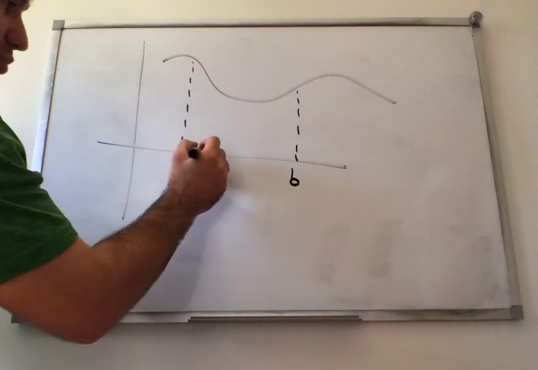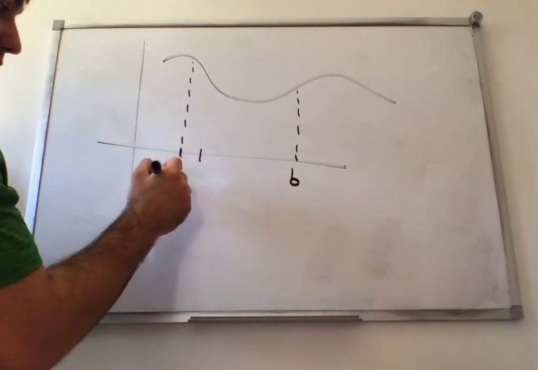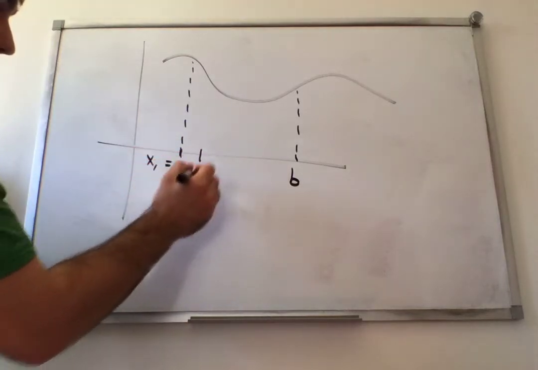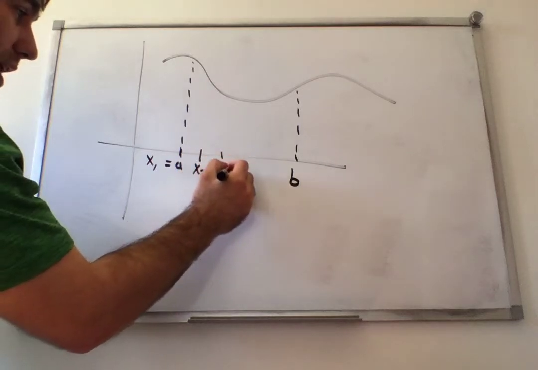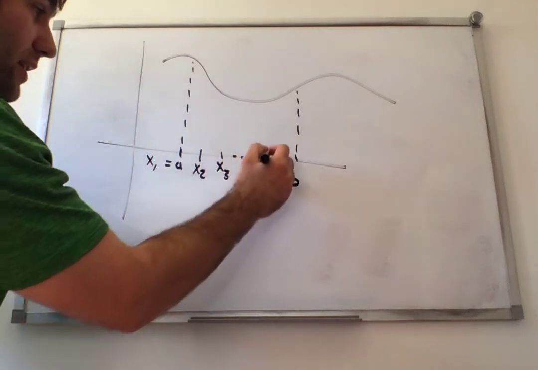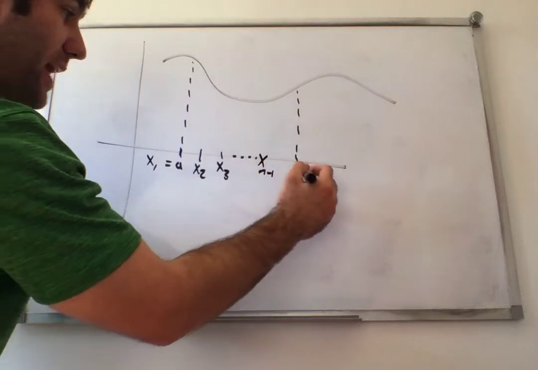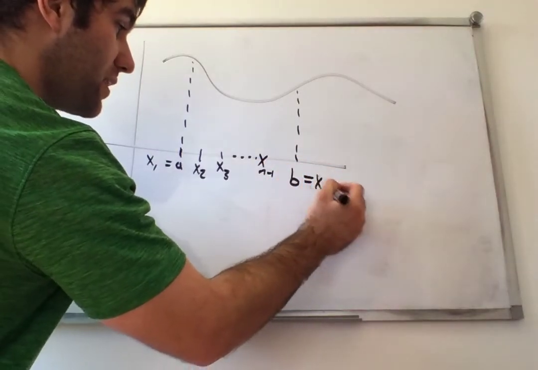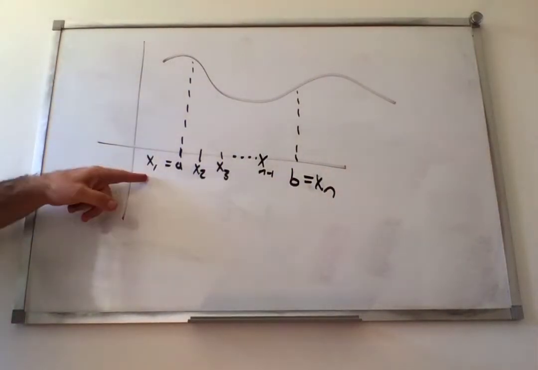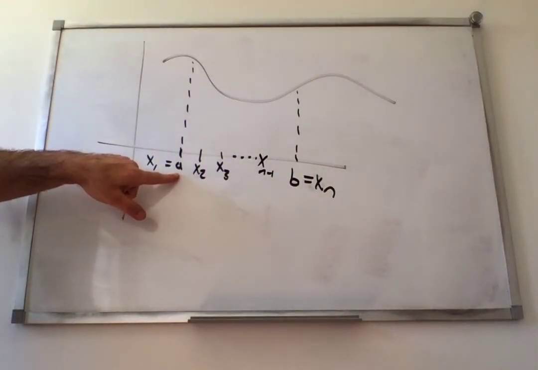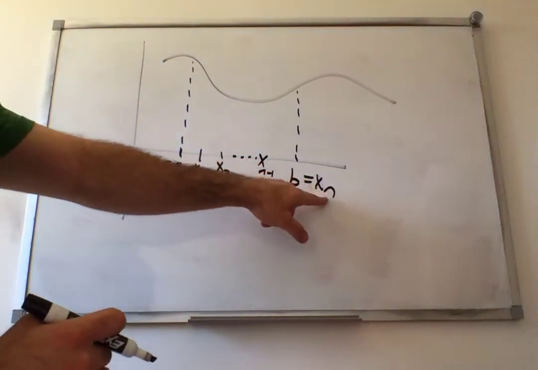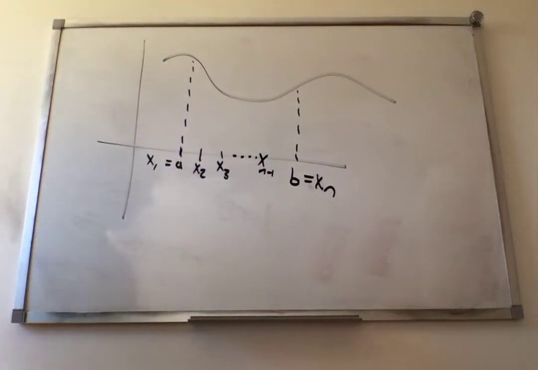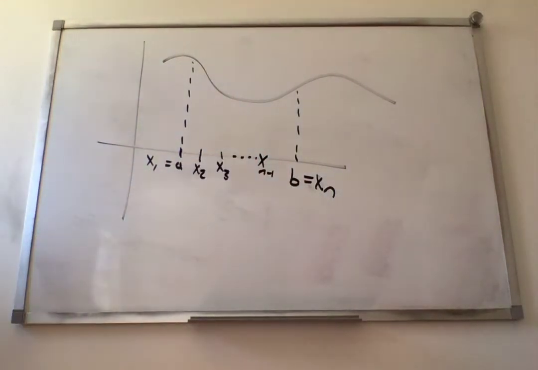So I break up my subintervals. This is x1, x2, x3, and so on. This is xn minus 1, and b is equal to x sub n. x1 is a, the starting point of our interval, and xn is b, our ending point.